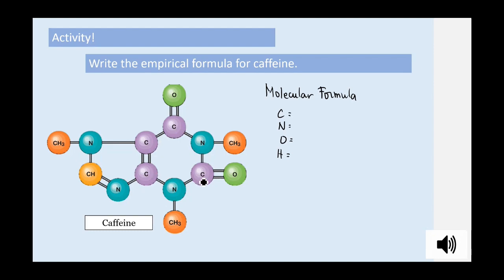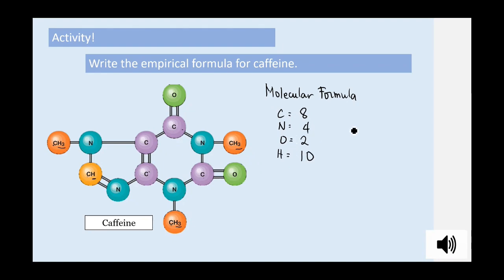1, 2, 3, 4, 5, 6, 7, 8. So we have 8 carbon. Let's count again. 1, 2, 3, 4, 5, 6, 7, and 8. We have 8 carbon. And nitrogen, we have 1, 2, 3, 4. 4 nitrogen. And our oxygen is 1, 2. And our hydrogen, 3, 6, 9, and then 1, which is 10.